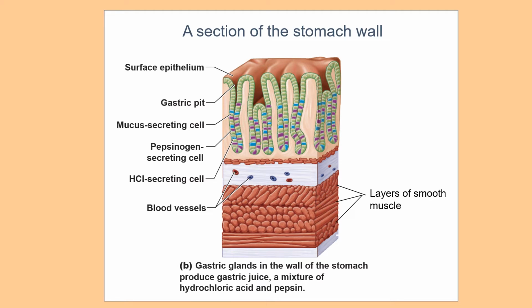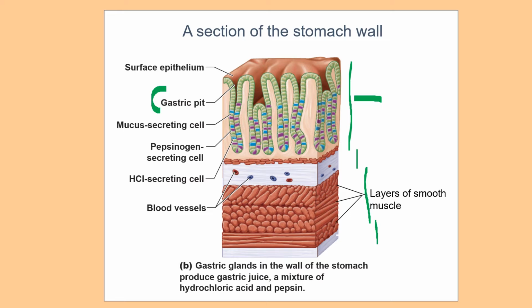Here we're looking at the layers of the GI tract, specifically in the stomach. So we talked about the 4 layers of the GI tract in segment 1, and they are the mucosa, the submucosa, the muscularis, and the serosa. So let's talk about things that are specific to the stomach here. In the mucosa of the stomach, there are gastric pits.